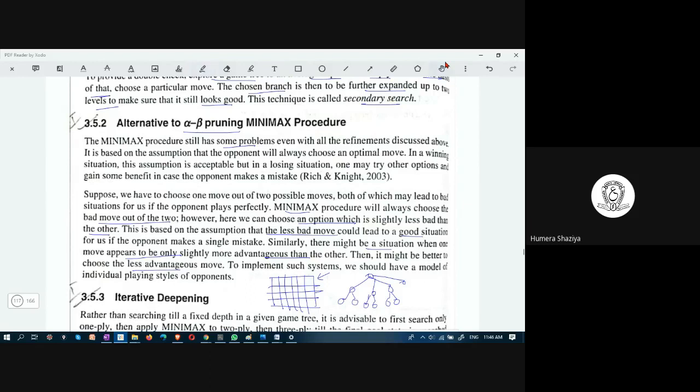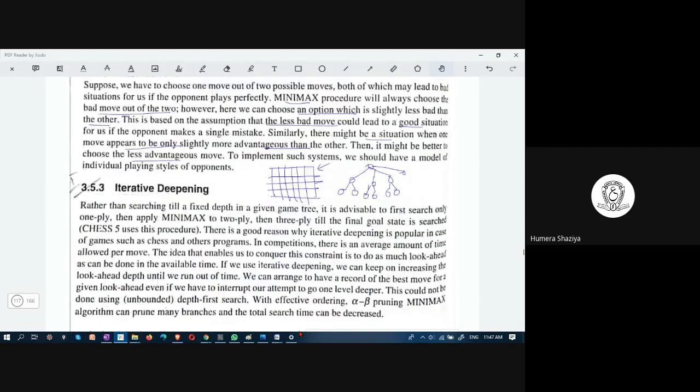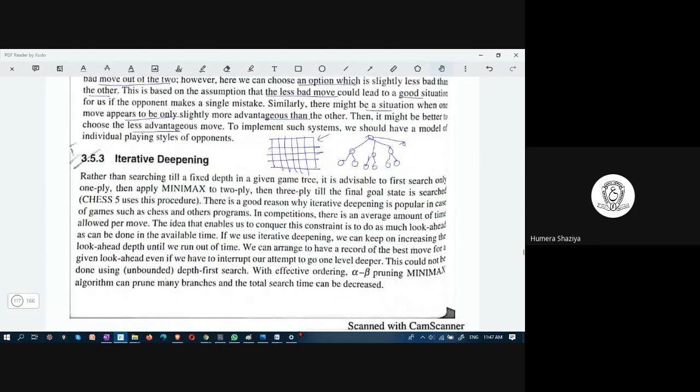There might be some situations which we can't predict, where one bad move can lead to loss. There are so many things in a game. Game playing is not easy. It is quite difficult to implement in a system and to make an AI system of that. Therefore, alternatives have to be considered when we are coming up with a game solving algorithm.